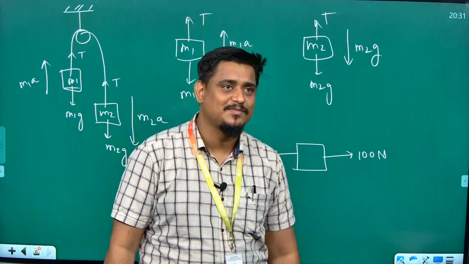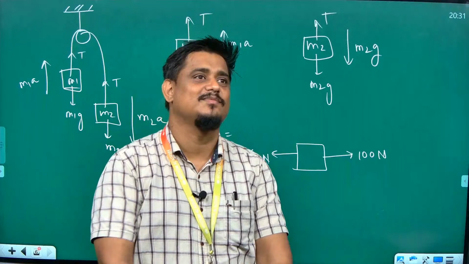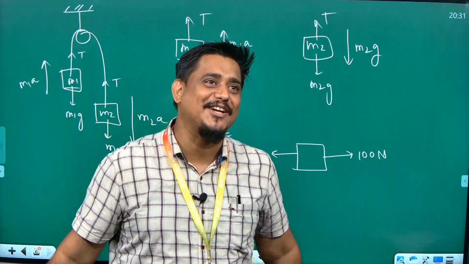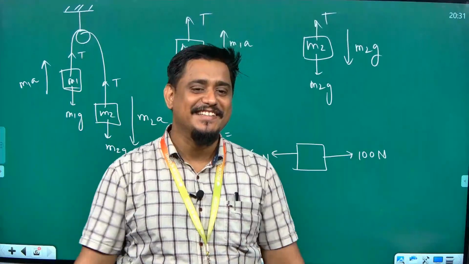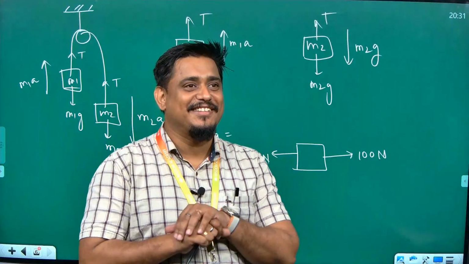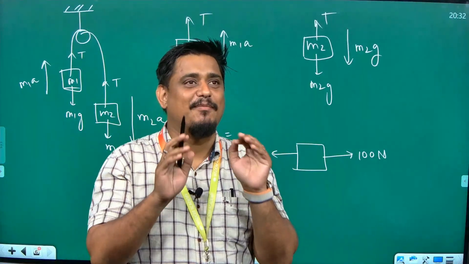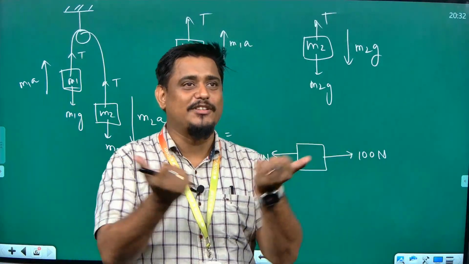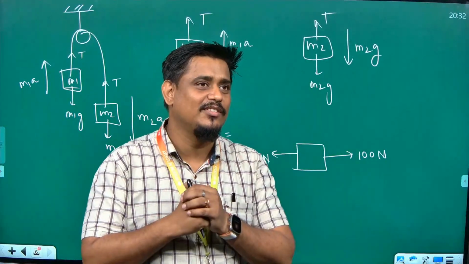Is it clear now, in layman's language? Sir, actually, I thought it was the same direction. Tug of war, you are having in opposite directions. Sir, I thought both of these are different questions. Leave the question here. I gave the example of tug of war. 100 Newton, 40 Newton. Tug of war means opposite direction only, right?